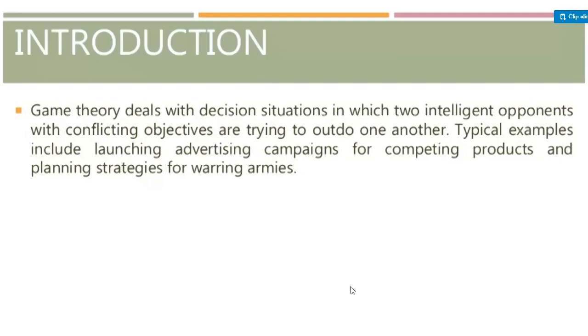Game theory deals with decision situations in which two intelligent opponents with conflicting objectives are trying to outdo one another. Typical examples include launching advertising campaigns for competing products and planning strategies for warring armies.